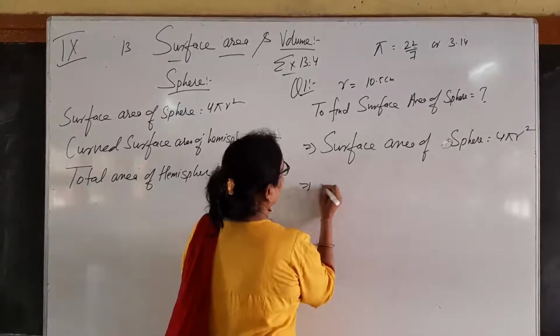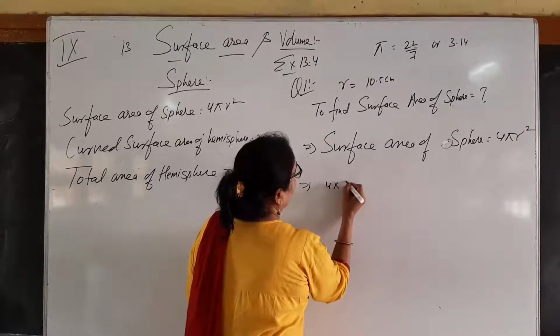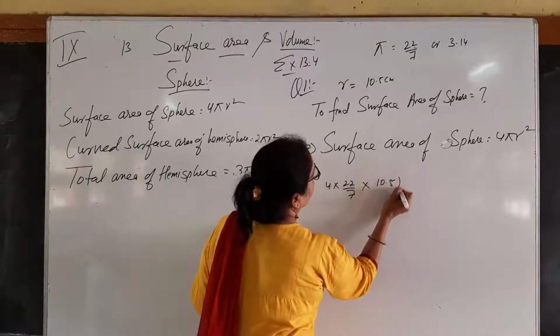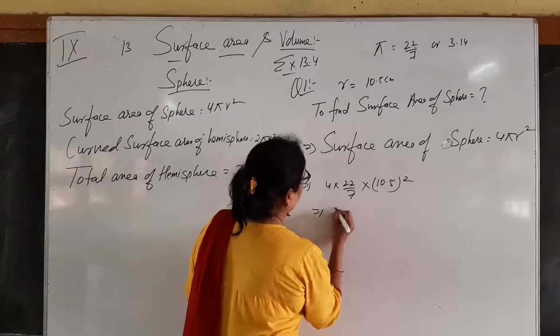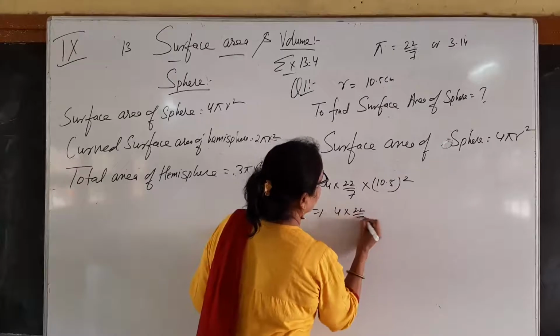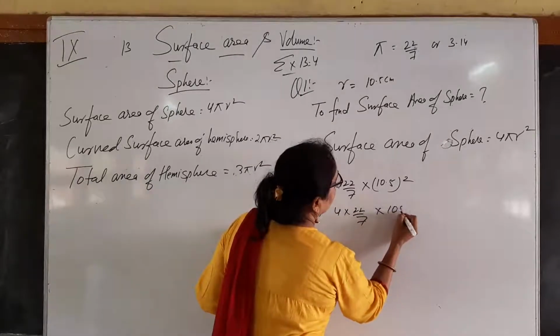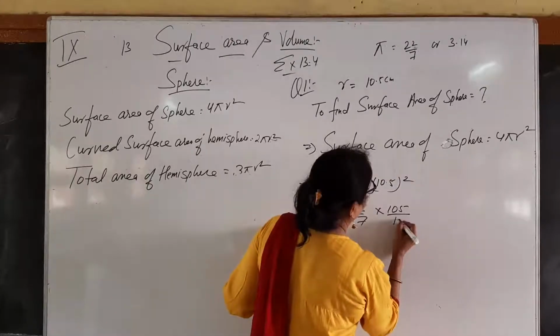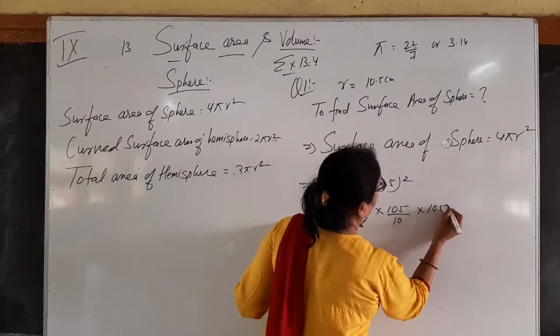So we will get 4 into pi, means 22 by 7, r is given 10.5 square, or we can write 4 into 22 by 7 into 105 upon 10 into 105 upon 10.